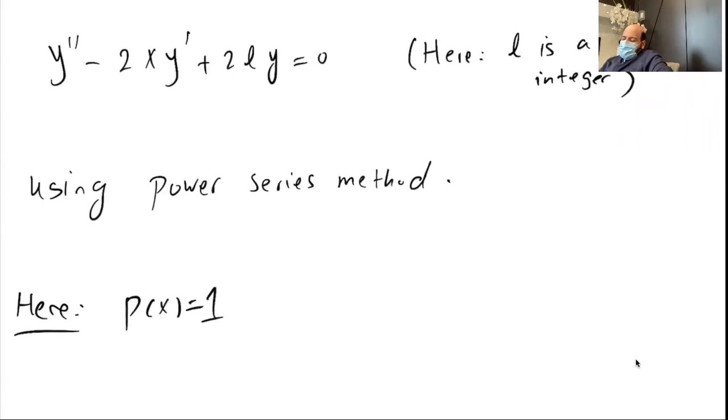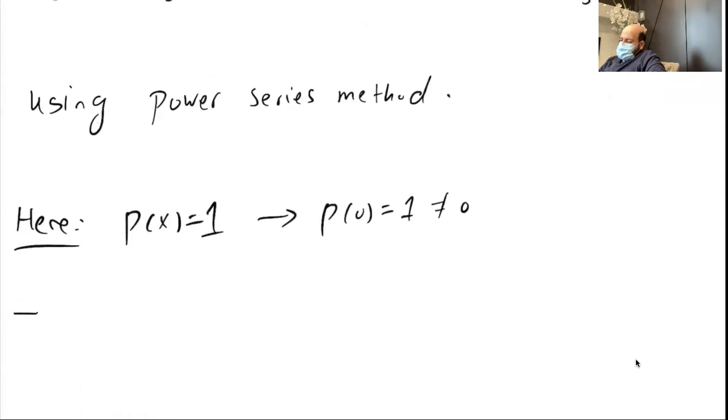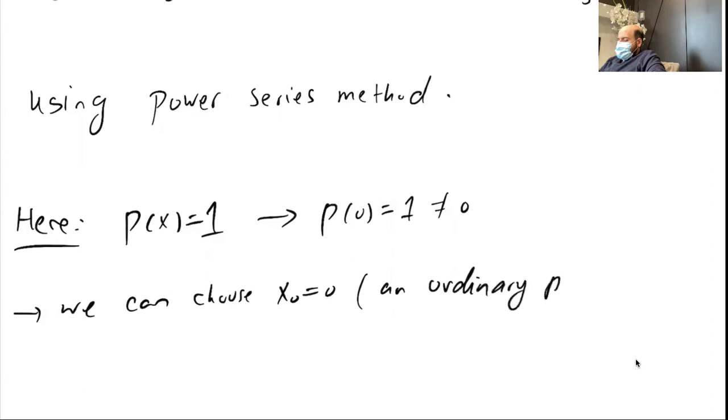So p of 0 is also 1, which is non-zero. That means we can choose x naught to be 0 because it is an ordinary point of this ODE.